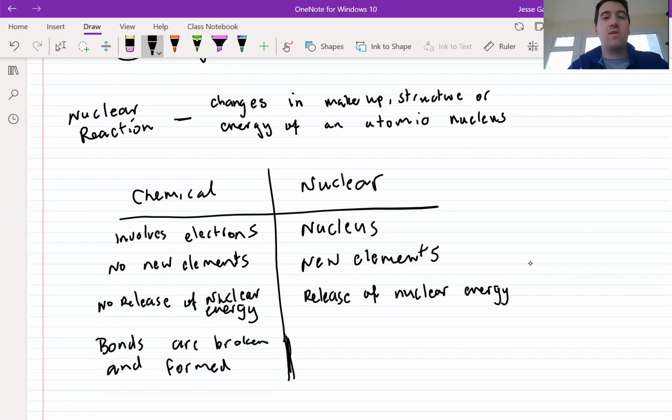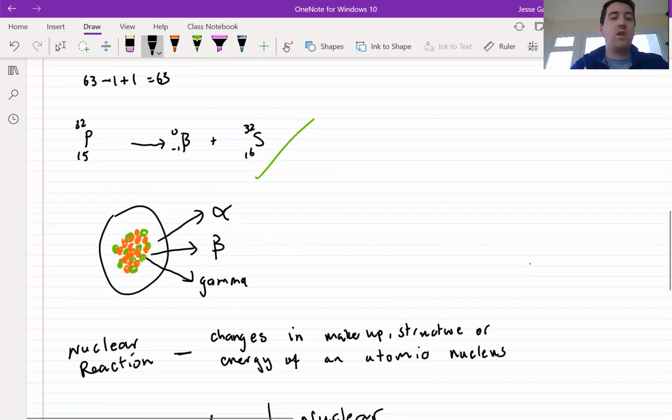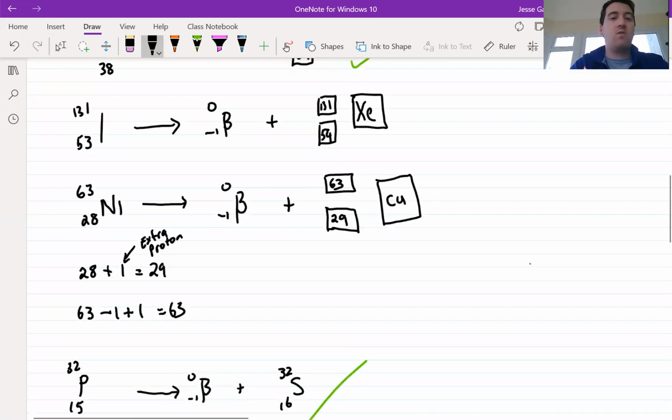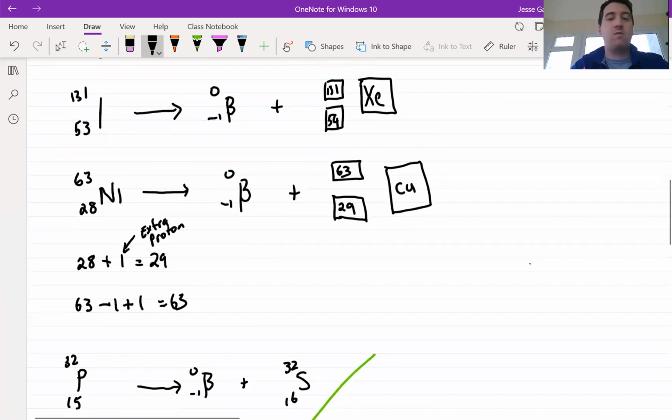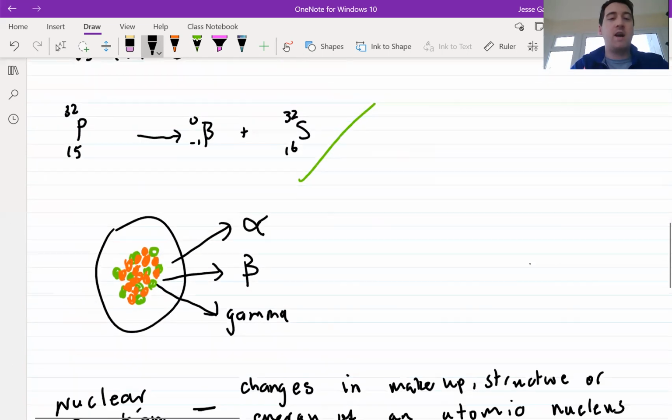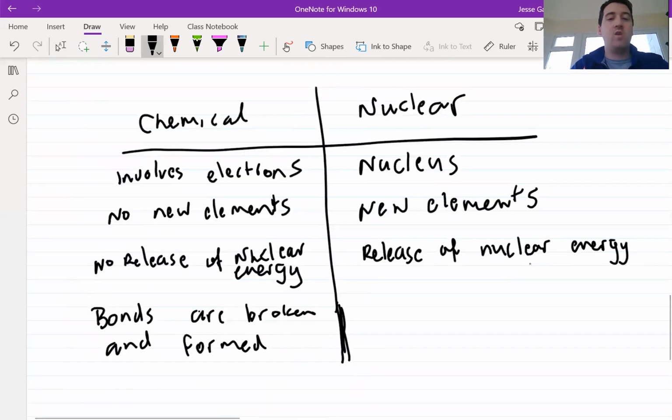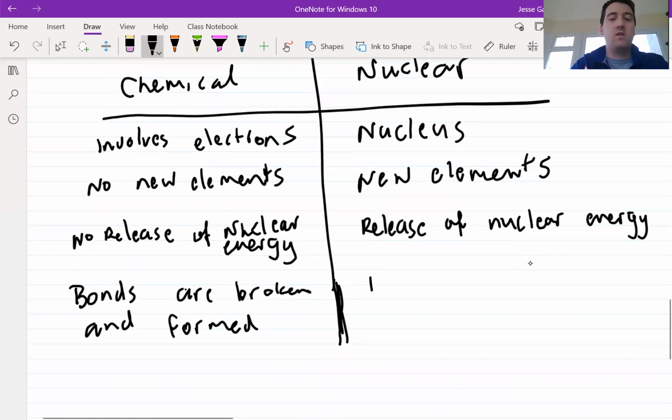The difference in a nuclear reaction is I was really only talking about one nucleus. I was only talking about one element, nickel. So one atom of nickel can break down to form an atom of copper. It's not bonded to anything else. So actually, there's nothing to do with bonds. So no bonds are broken or formed for a nuclear equation. It's literally just the nucleus breaking down.